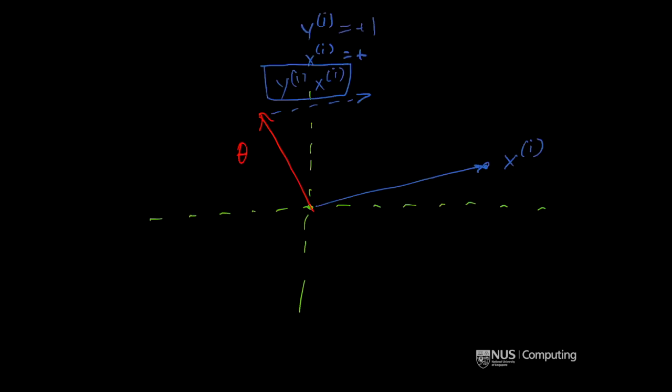In this case, it's a +1. So we're going to get a +1 multiple of xi, and it's going to help us move theta over. And now we can see that we can appropriately classify this example because now the multiplication of theta prime times xi will give us a positive value.